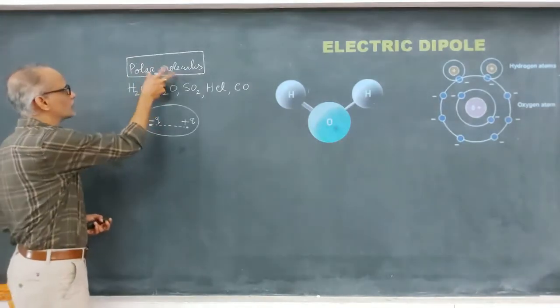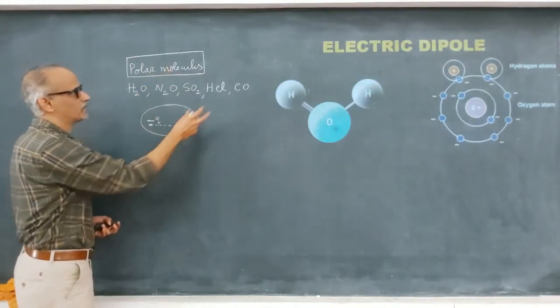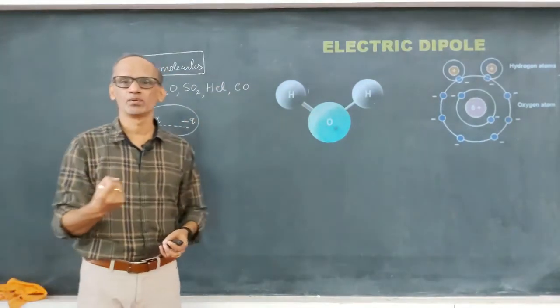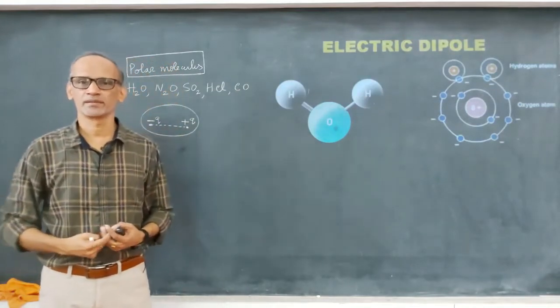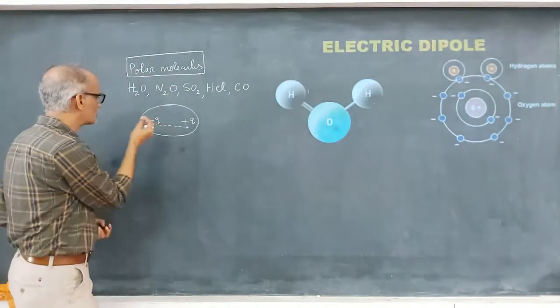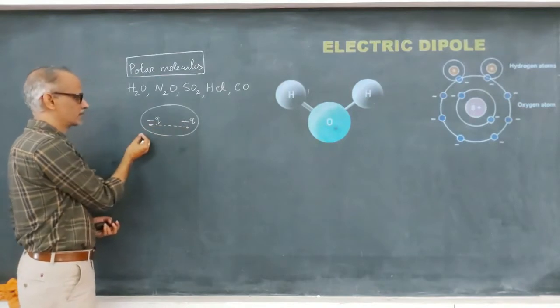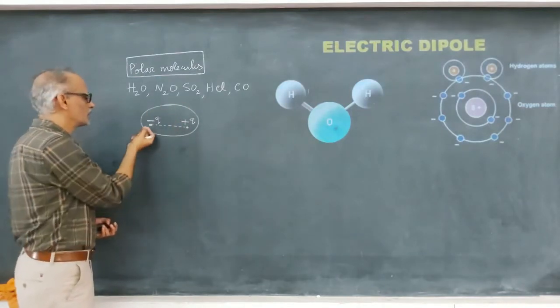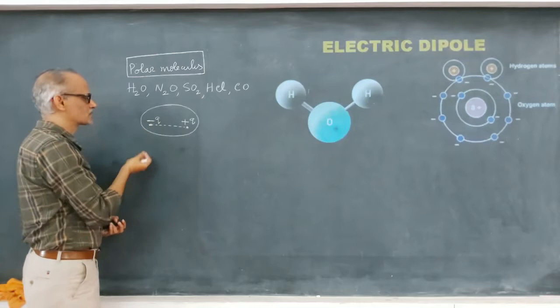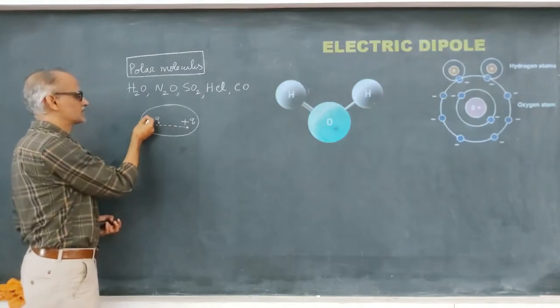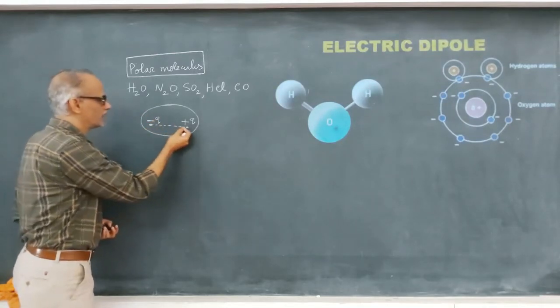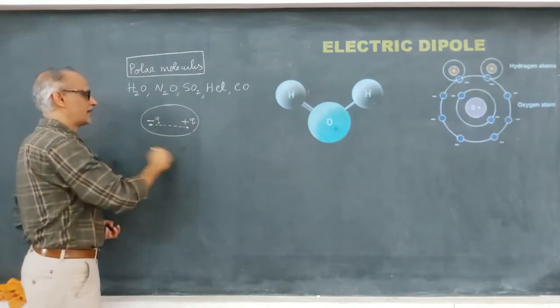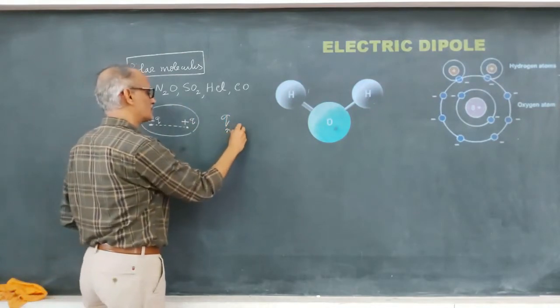So, all the polar molecules are examples of an electric dipole. Di means there are two. So, two such poles exist, or two such points exist, where the entire negative charge is assumed to be concentrated at one point and the entire positive charge at another, so what is the net charge? The net is always 0.